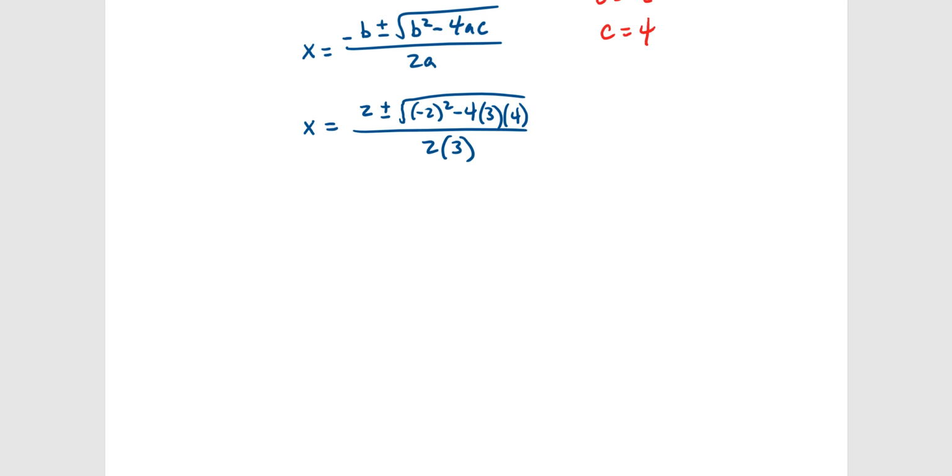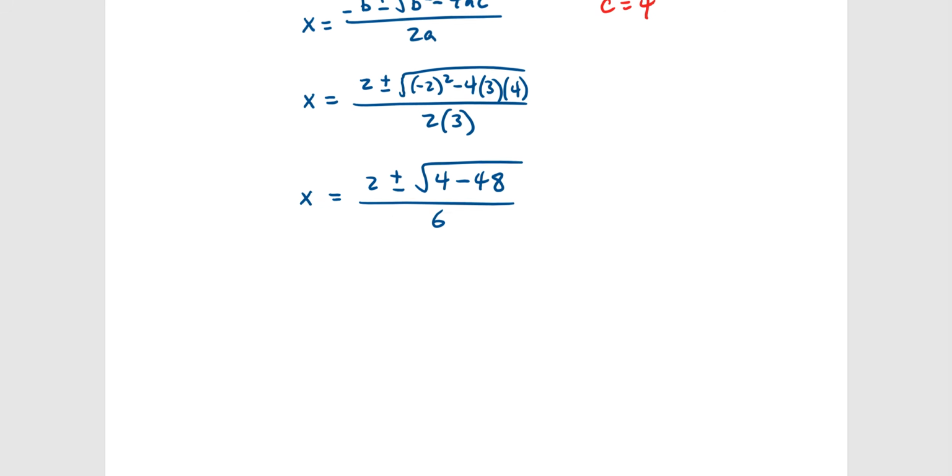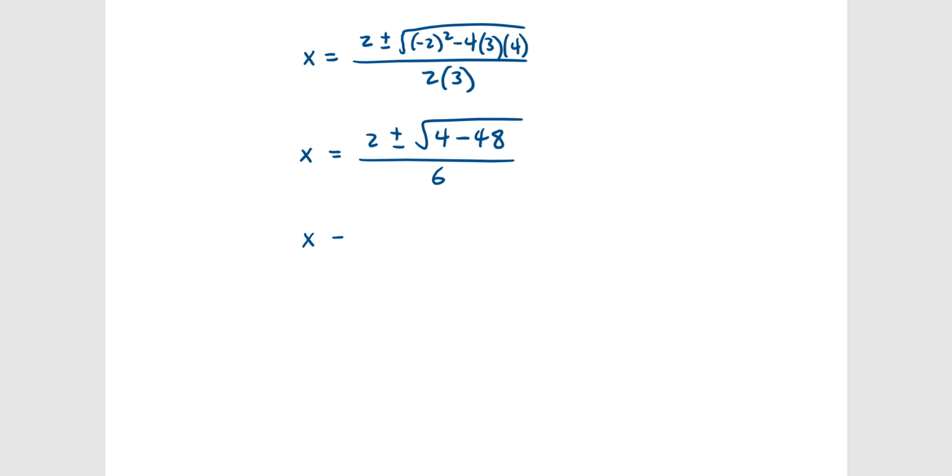Okay, so let's simplify. So it's x equals 2 plus or minus the square root of 4 minus 4 times 3 times 4 is going to give us 48, divided by 6.